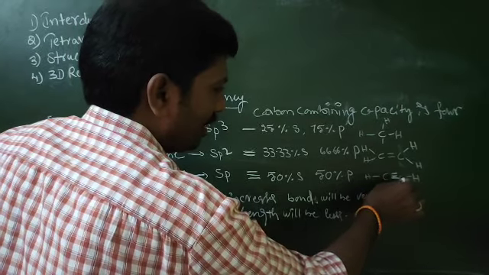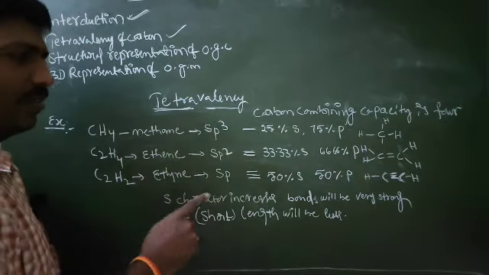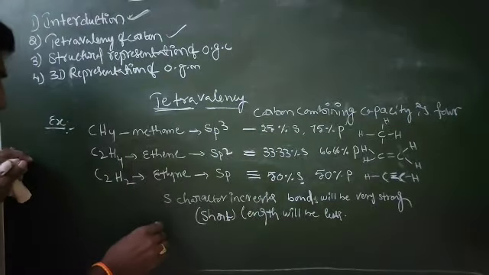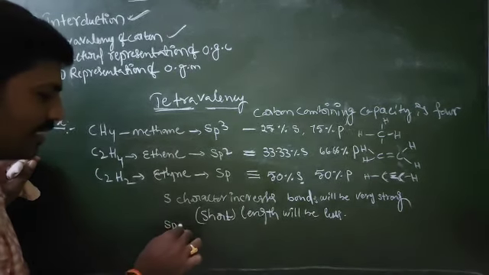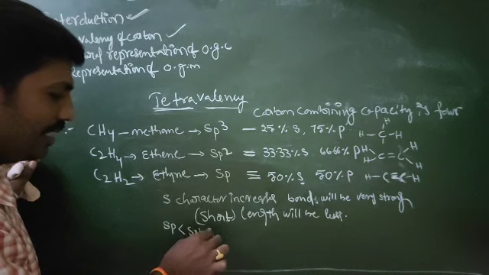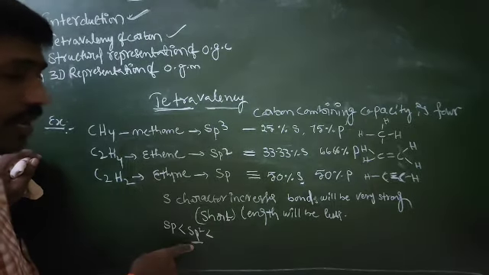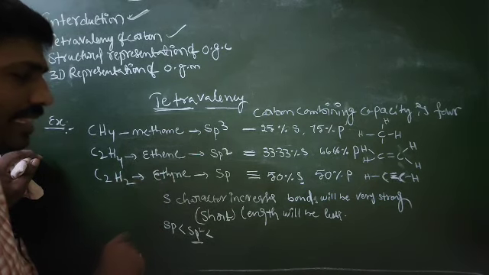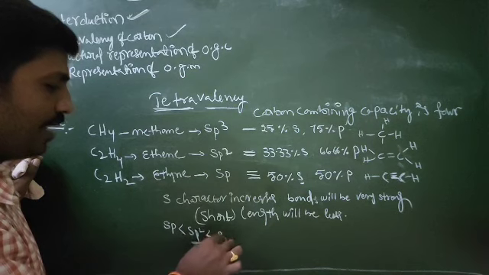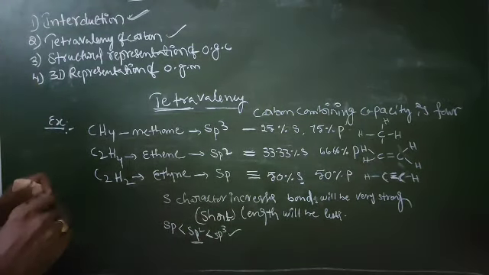Triple bond means the length between these two atoms will be very less, because the s character is more. The sp2 bond length and strength are moderate compared to sp and sp3 hybridization, because of s character.